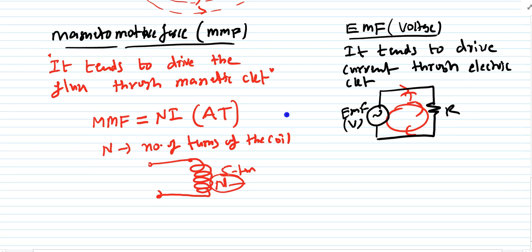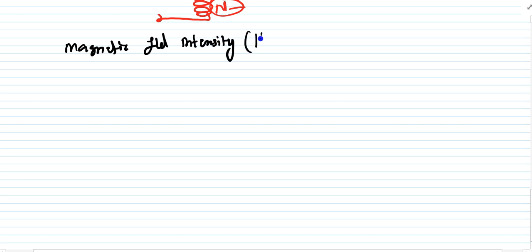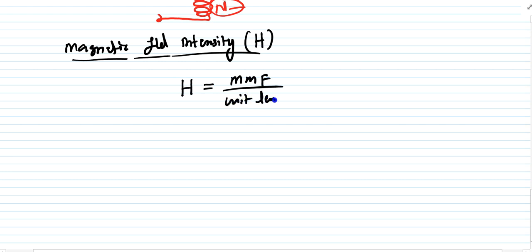Then we will see what the magnetic field intensity is. It is denoted by capital H. The magnetic field intensity is defined as the magnetomotive force per unit length of the conductor.